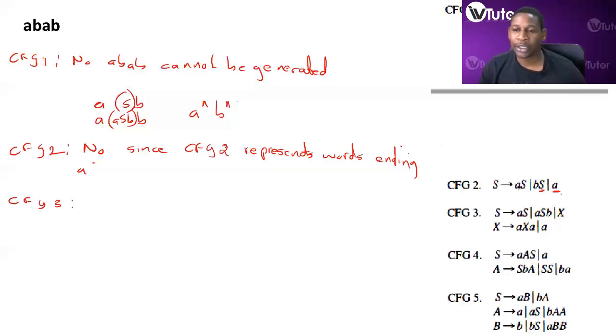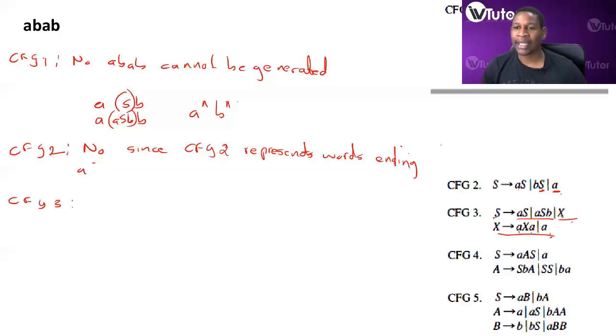If we look at CFG3, ASB, this we are not interested in. Or maybe we are. Let's hold on for a minute. ASBX, right? X can go to AXAA. So if S goes to X directly, then it goes to words starting with an A, ending with an A. We do not want that. So we need to focus on that.